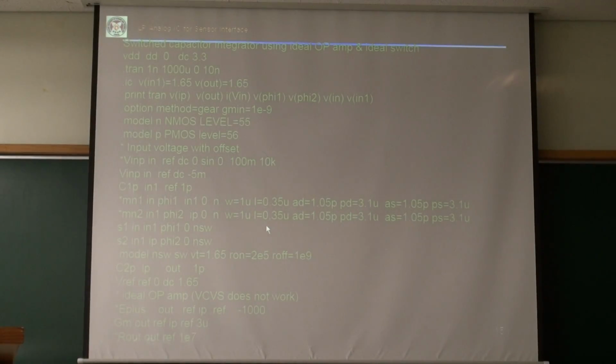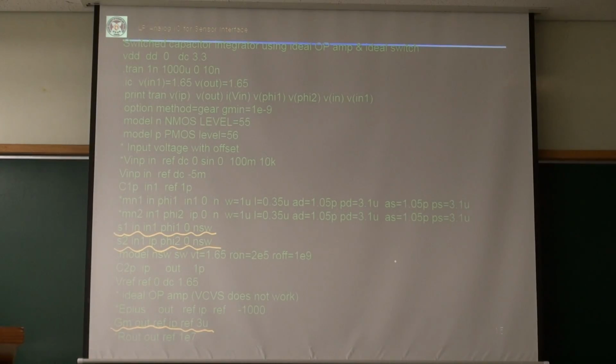Okay, so here I am using ideal switches and then ideal op-amp here. Let's look at the ideal op-amp first.